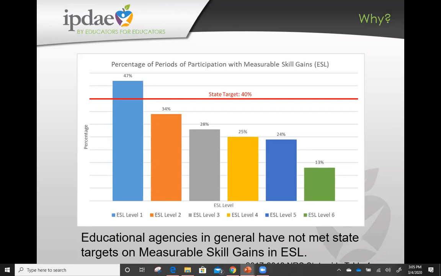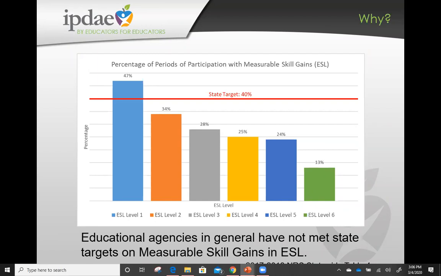Regardless, within the 1% range difference, ESL level 1 is the only level that has surpassed the state target. When we look at the other levels of ESL, starting from ESL level 2 all the way to ESL level 6, the measurable skills gain percentage is significantly lower than the state target, whether it be 40% or 41%.